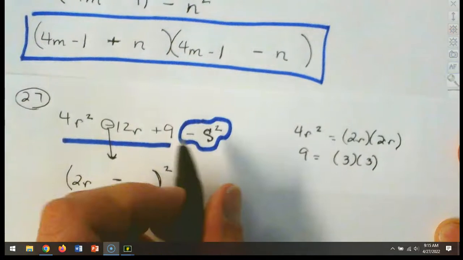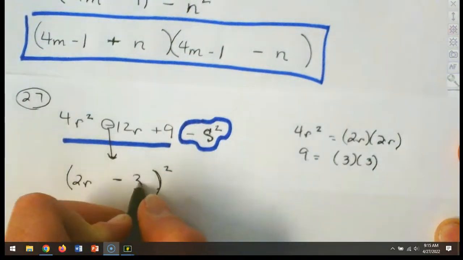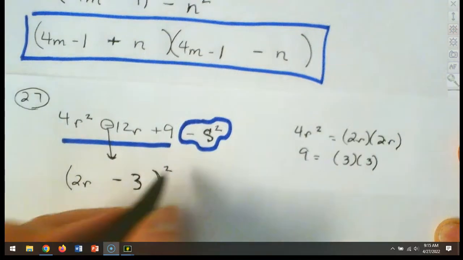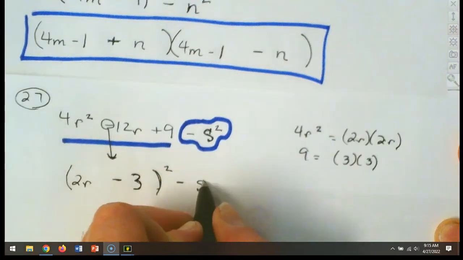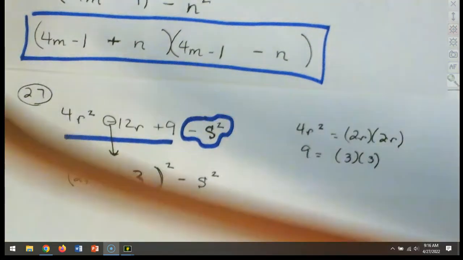And then 9 is a perfect square of 3. So 2r minus 3 comes down, minus the s squared. Is everyone kind of seeing the pattern on these? 4 terms are a little bit trickier because there might be several ways to work them and factor them out.